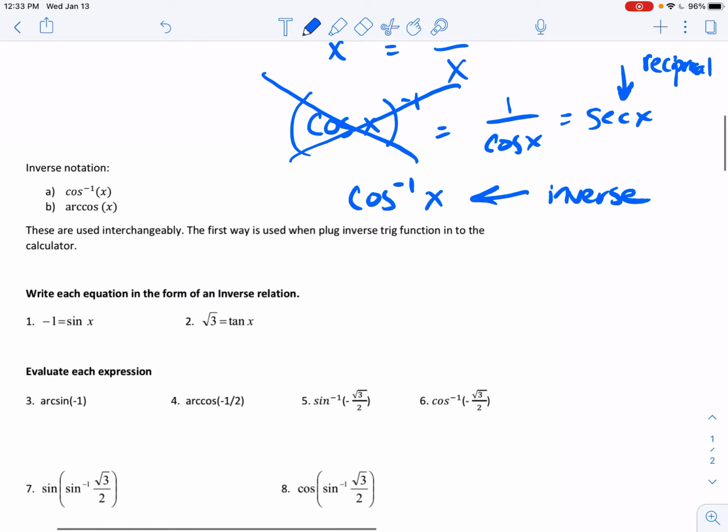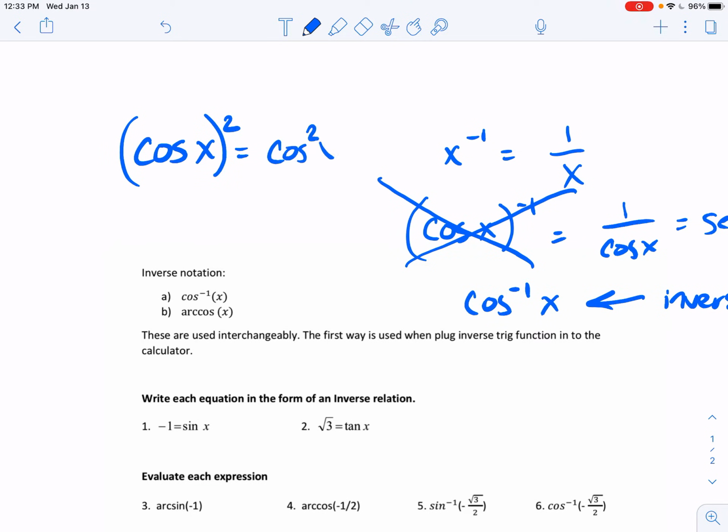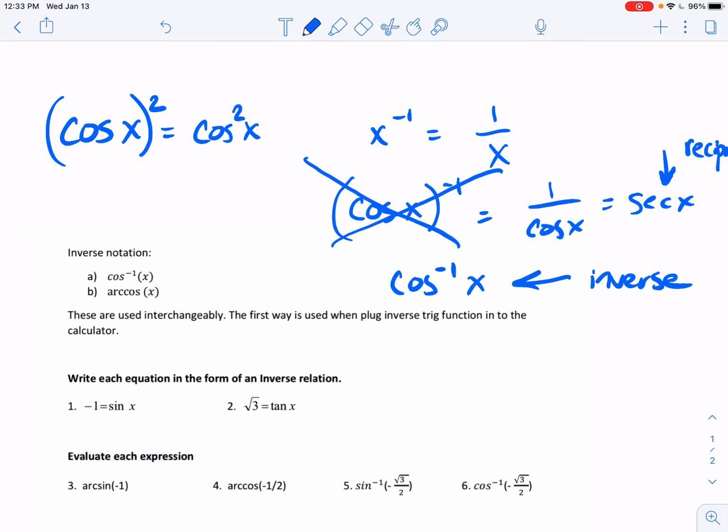And in a little bit, we're going to get to where we have something like cosine of x that gets squared. And we write that notation as cosine squared of x. So some of it doesn't exactly make sense why this notation right here doesn't behave the same way as it does here, because this does mean it's squared, but I'm getting lost in the weeds. So let me not do that.